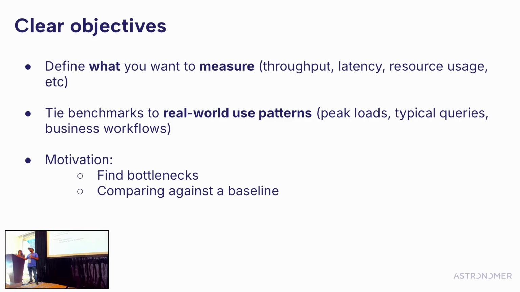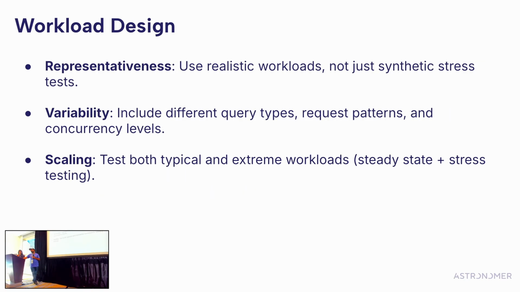So always try to do performance evaluation with a realistic use case, and ensure the motivation. What is your motivation? Finding the bottlenecks so that your tasks are not stuck and your workflows are seamless, and also comparing against previous versions as a baseline. So in short, we should have clear objectives.